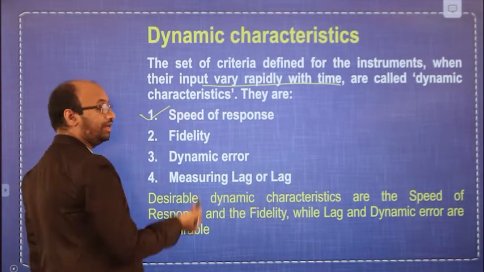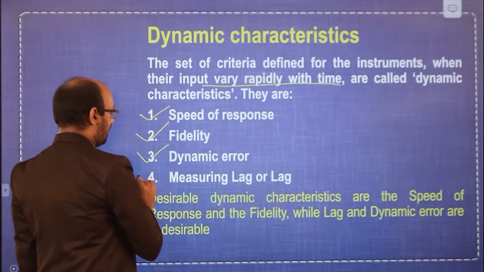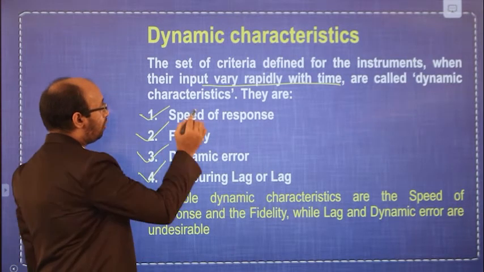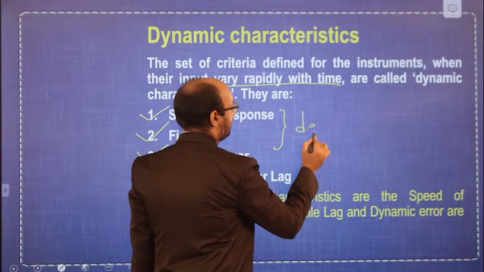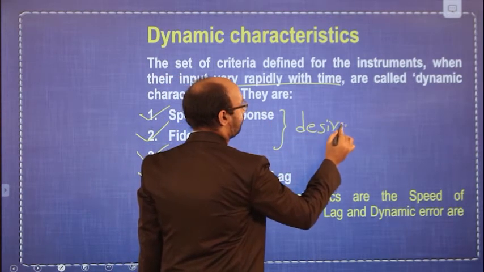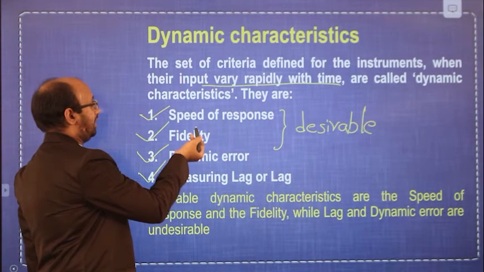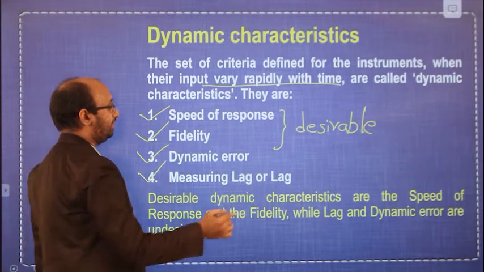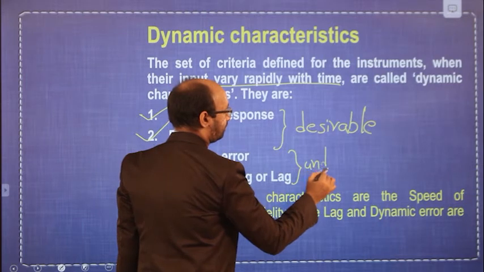They are speed of response, fidelity, dynamic error and measuring lag. Out of these 4, speed of response and fidelity are desirable dynamic characteristics. So the instrument is expected to have high speed of response and high fidelity, whereas error and lag are undesirable.